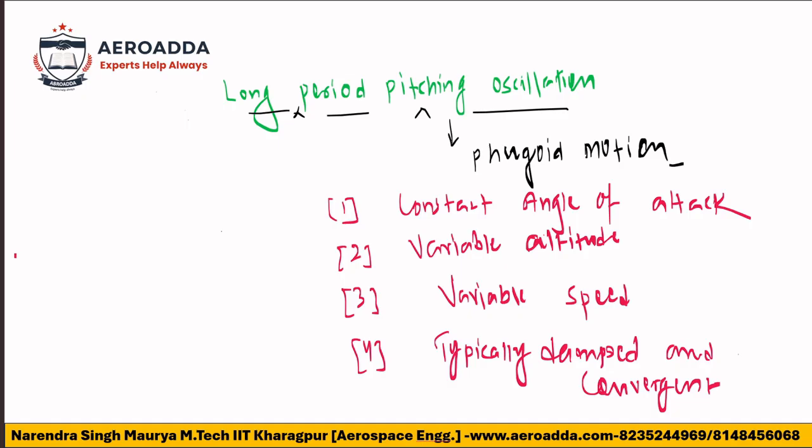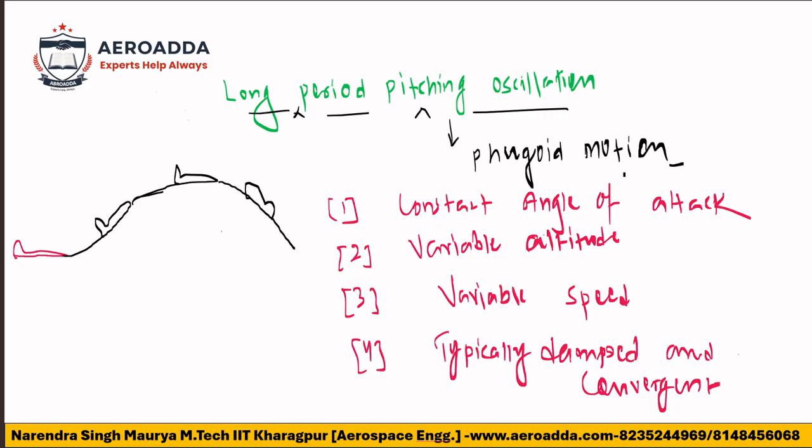Suppose the aircraft is flying like this. Now, because of a disturbance, the air comes and hits the aircraft, so it will be gaining altitude like this. Then again it will have a decrement.